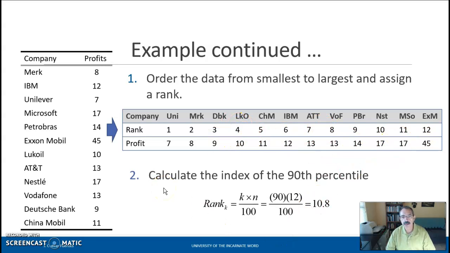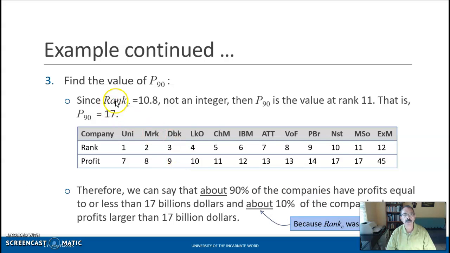Then we calculate the rank for the 90th percentile, and that is 90 times 12, because we have 12 observations, divided by 100. So this is 10.8. This is not an integer. Because it's not an integer, we round that value up to 11 to find the 90th percentile.